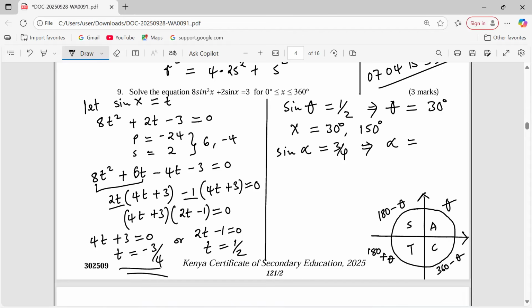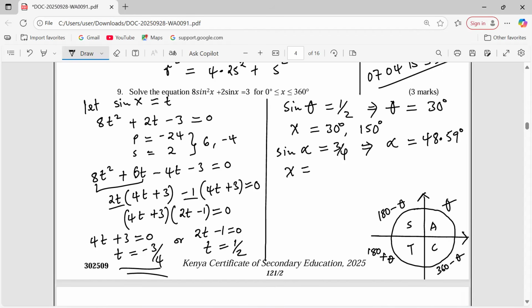And this is 48.59 degrees. So now the values of x again shall be an angle of 48.59, but in the quadrants where signs are negative.